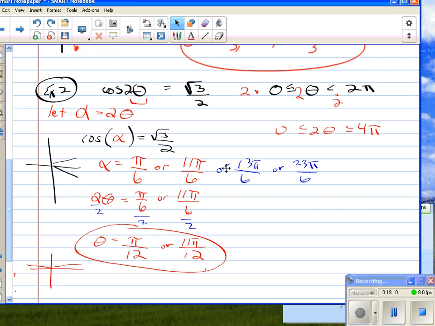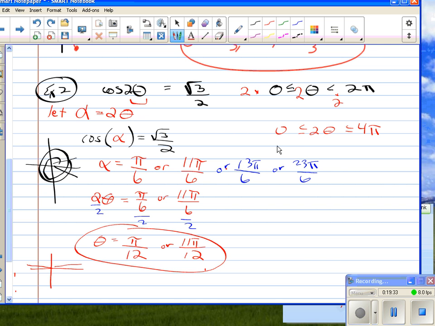Look what happens here. Here's your pi over 6. Are you guys okay with why we need to go not just once around the circle, but now we've got to go twice? Exactly. We have 2 theta here, so I had to expand my window.